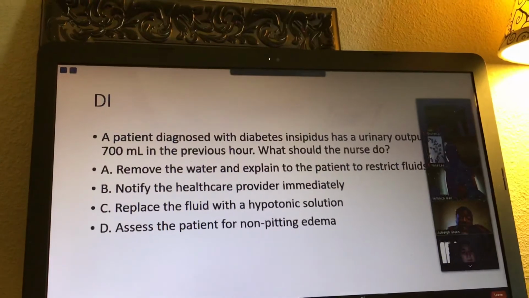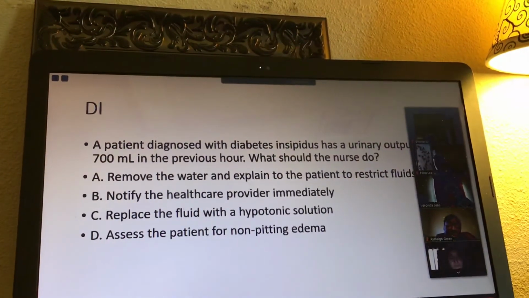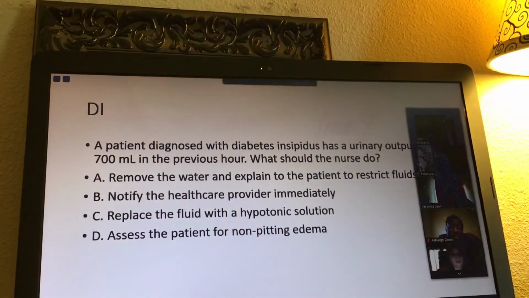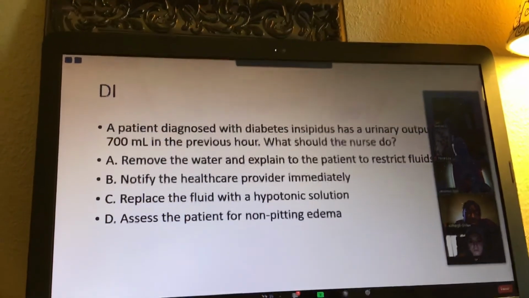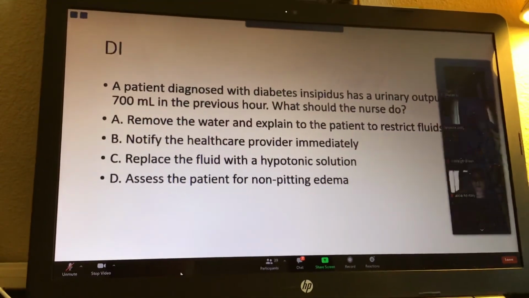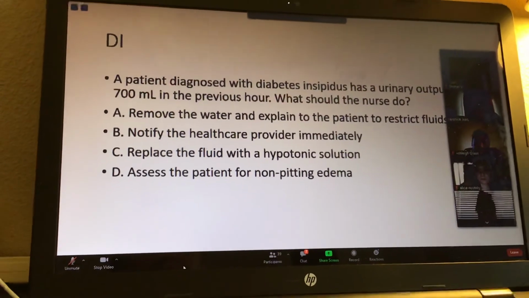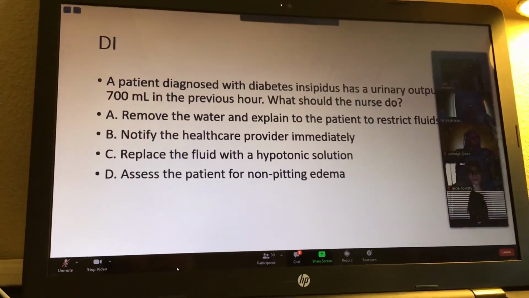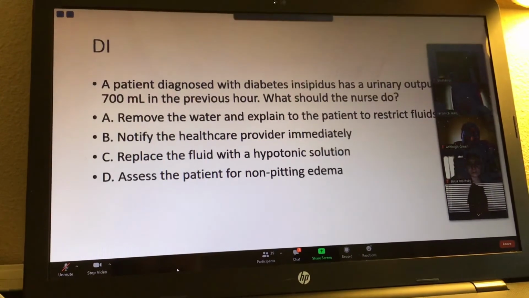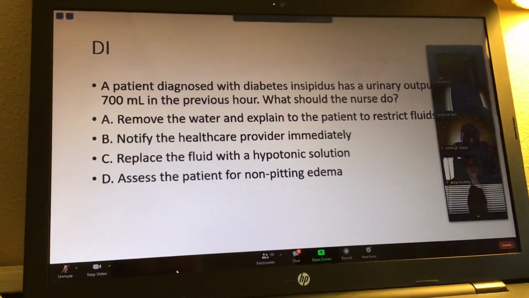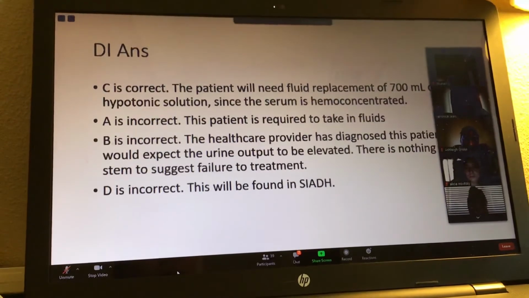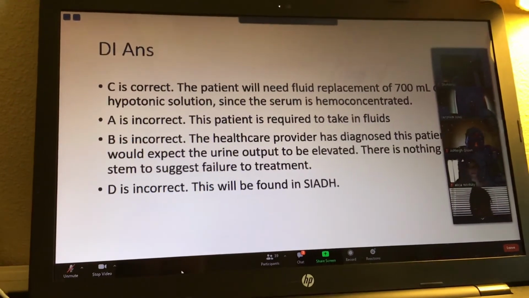If they're losing fluids, you want to replace it. You want to replace the fluids. All right. And someone said B. Why did you say B? It's not a bad thing. Well, but they usually have orders. Yes, they usually have orders, so B might have been an unfair option.